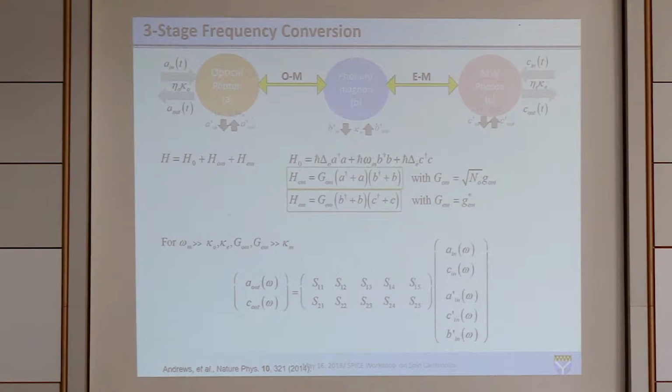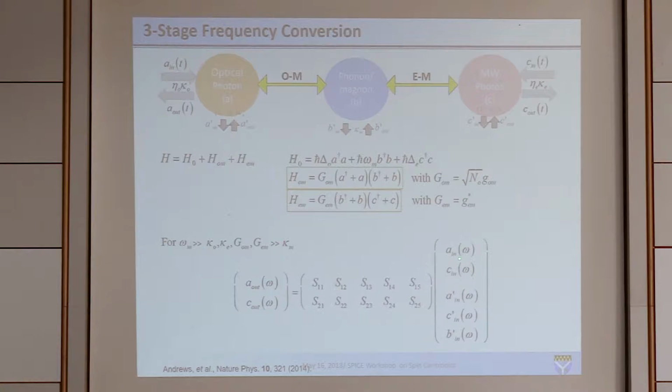So 3 modes, and each of these modes couples to its own environment reservoir. You can model it by a dissipation rate and the input-output mode. So you have all those modes, and you have this reservoir mode. You can write this input-output theory.